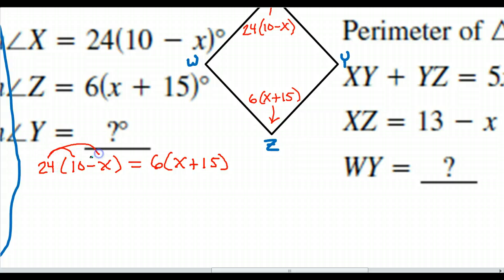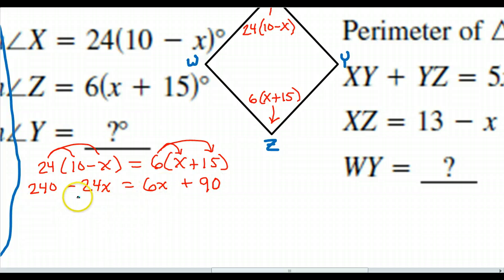If we do the distributive property twice, that's going to give us 240 minus 24x is equal to 6x plus 90.